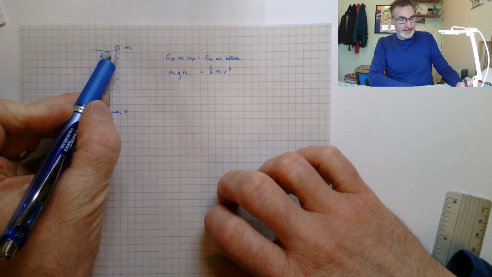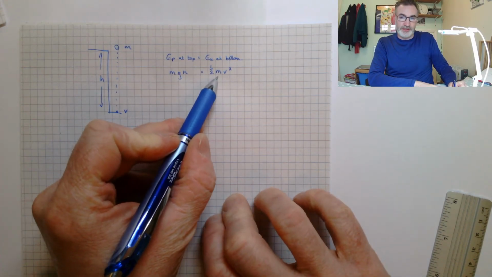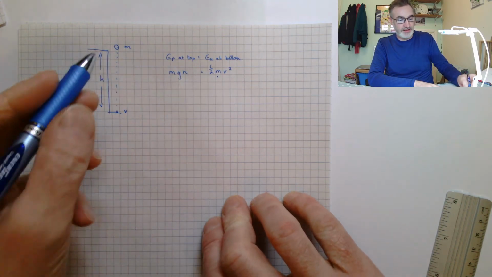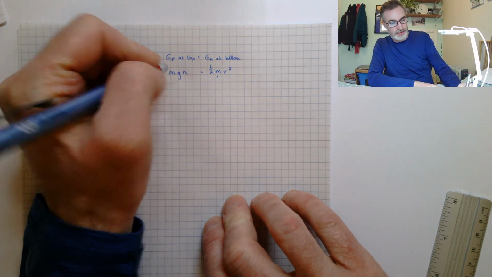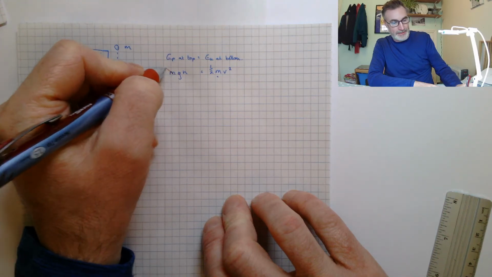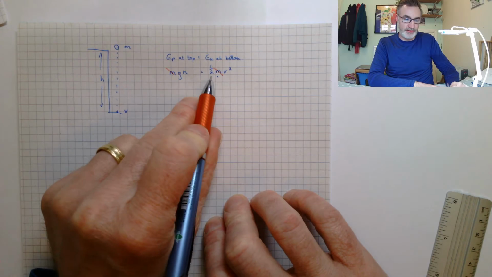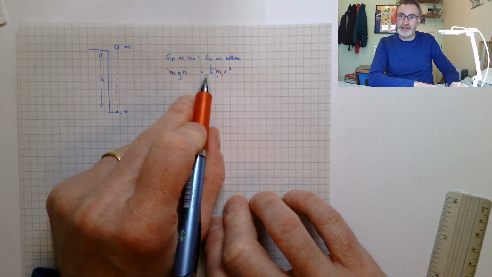Now the object's mass is the object's mass, and that features here and here. So if we multiplied or divided through by mass, both of these would cancel out. And so we'd be left with gh is equal to half v squared.